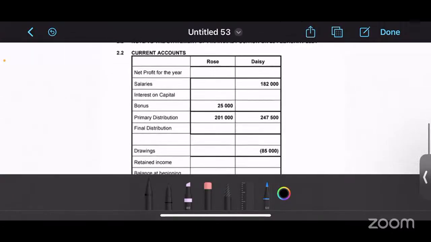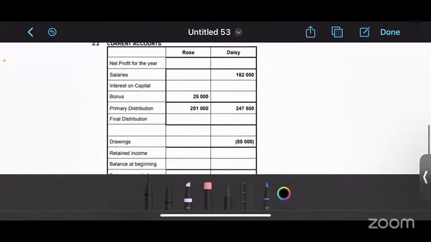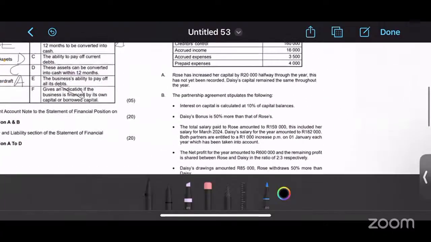They said capital for Rose has increased by 20,000 halfway through the year. That means 6 months into the year, at the end of 6 months, it was increased. Okay, let's just keep it for now.